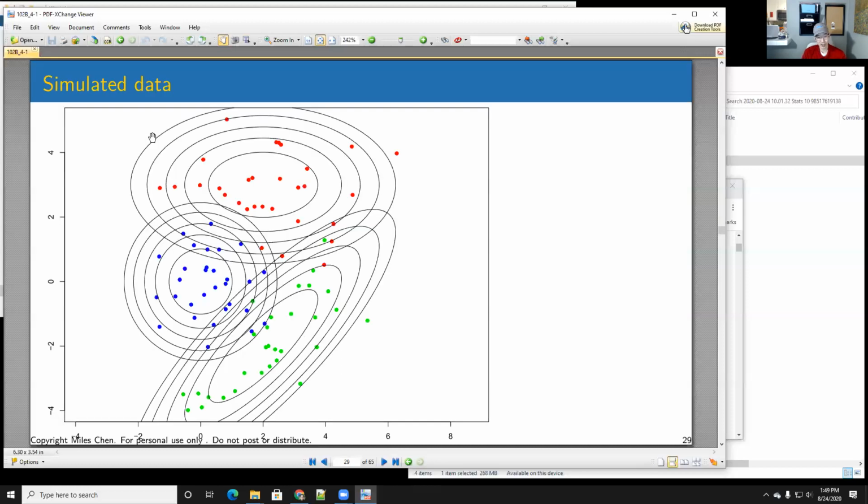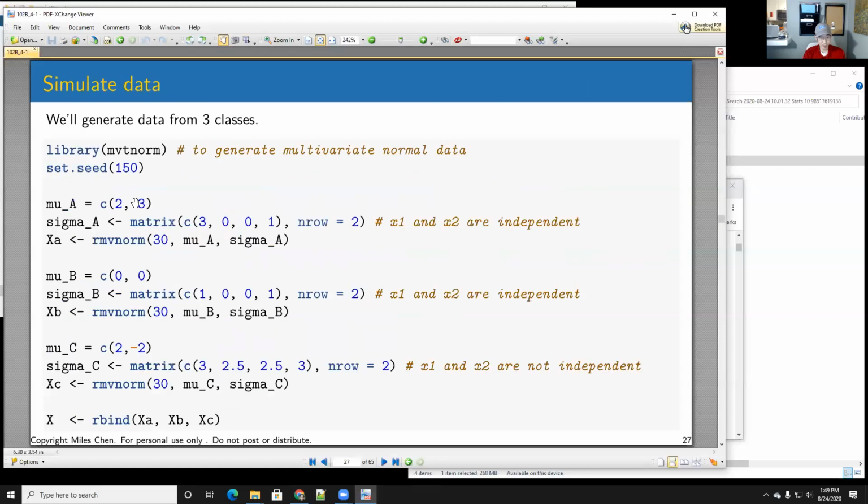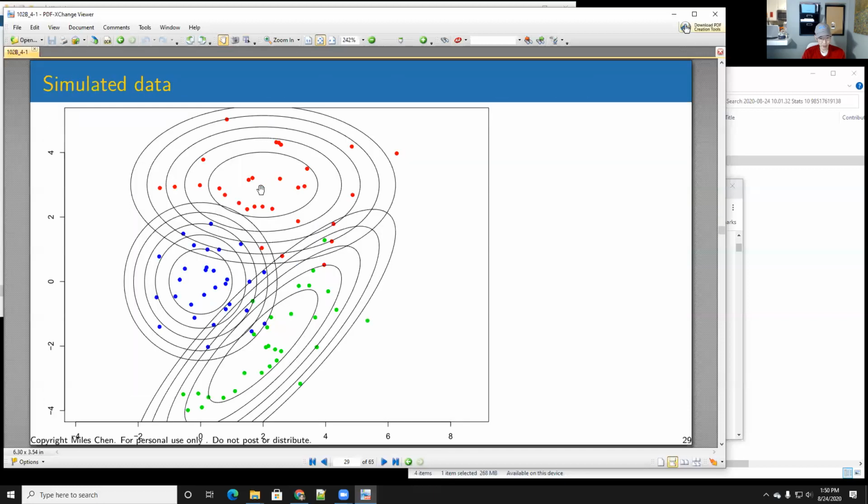And so this is what our data looks like. Class A is the red. It is centered at 2, 3, which is right here. x1 and x2 are independent, and there's a normal distribution here. Class 2, the blue dots, is centered at 0, 0, and I've got 30 random dots coming from here.